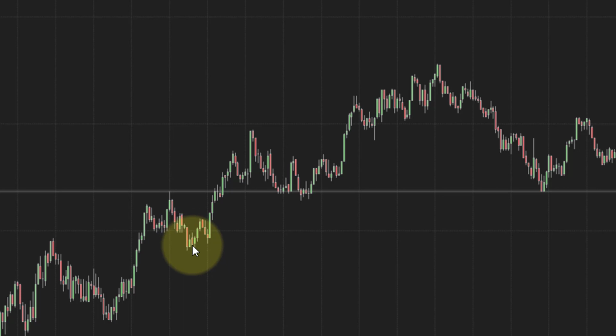So that's criteria number one. We've clearly broken. That's criteria number two. We've had a significant reaction from that. In other words, it broke through that. Don't ask me ticks, don't ask me points. It just comes with experience. I get asked, how much does it have to break? You guys have to understand the market does not react off of your stop losses and your profit targets and your conditions on how much something has to break.